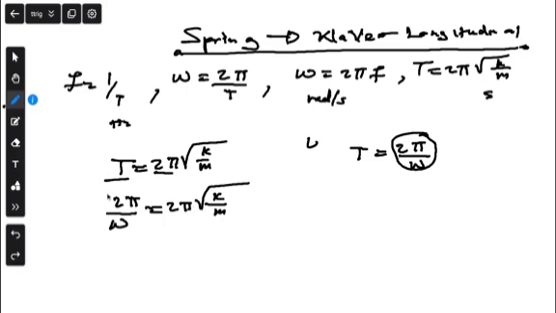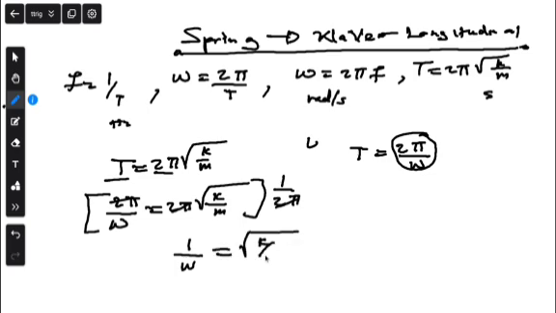Let me multiply throughout by 1 over 2 pi. When I multiply by 1 over 2 pi, these are going to cancel each other. Then what am I going to remain with? I'm going to remain with 1 divided by angular velocity, and this is going to be equal to root of k divided by m.